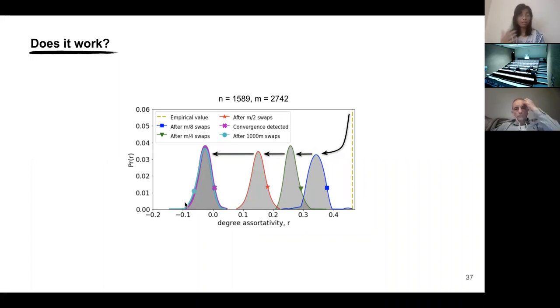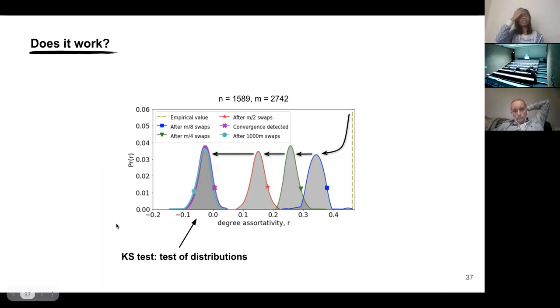Comparing the distribution at the point where convergence is detected by our method and at the point after 1000 M swaps have been applied can be done statistically using the chaos test, which is a test of distributions. It helps us know whether two distributions are overlapping or not. We are going to repeat this chaos test on all the graphs in our corpus across all the 8 different graph spaces.